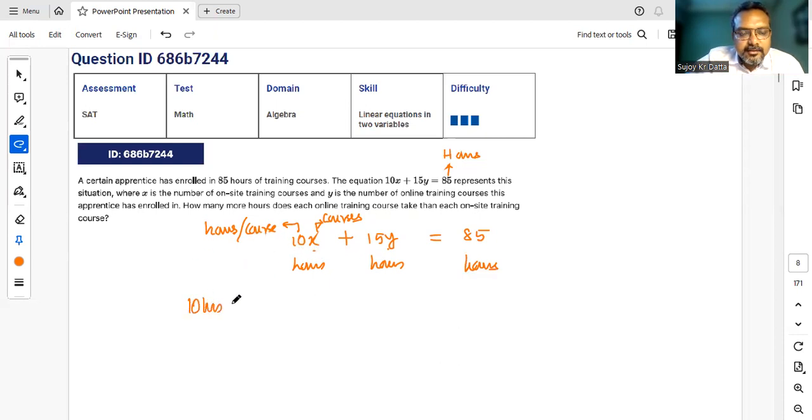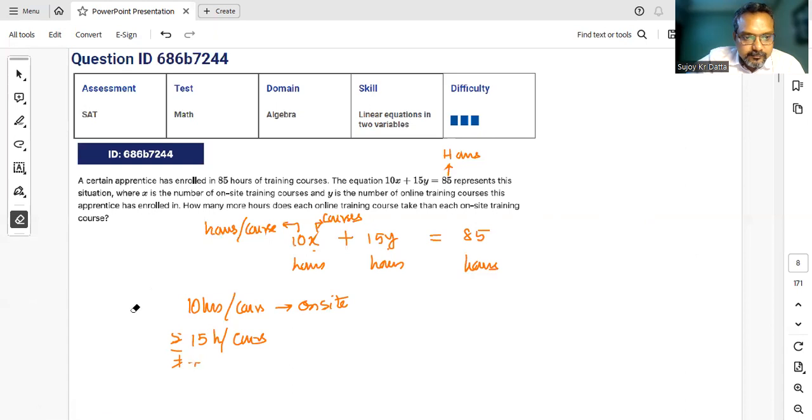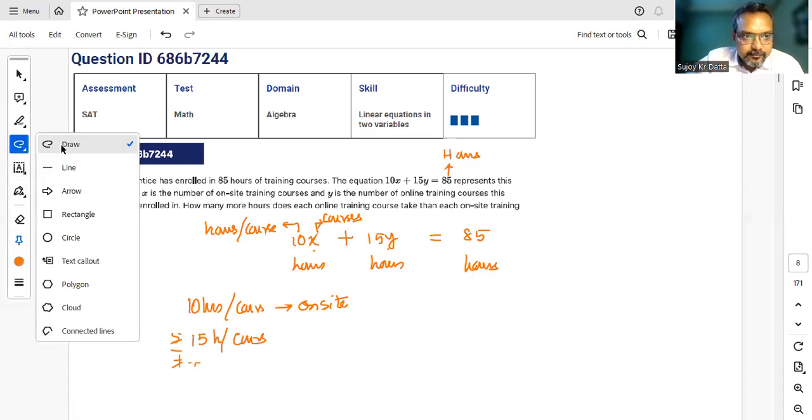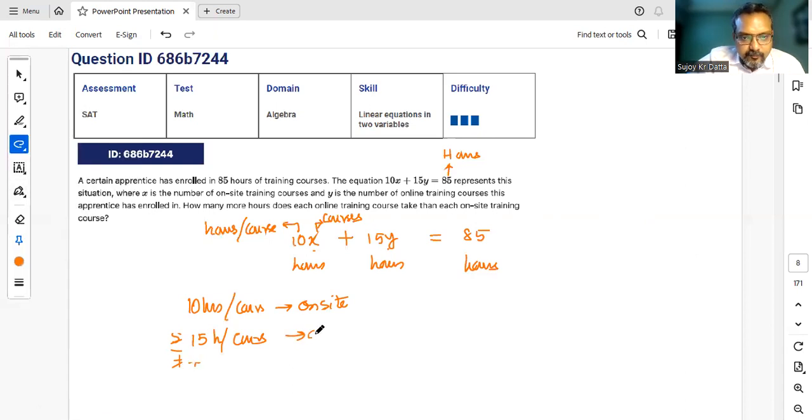So 10 hours per course is for on-site, and 15 hours per course would be off-site, or online rather. So their difference is basically 5.